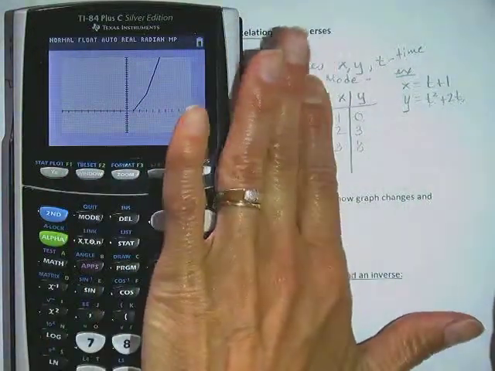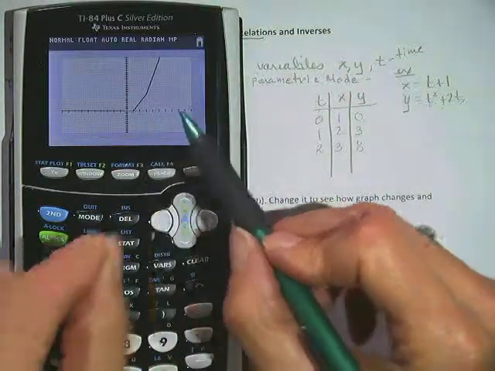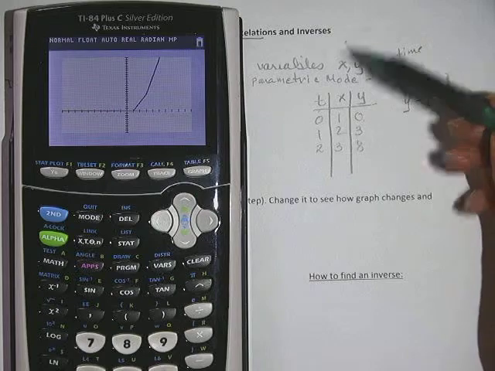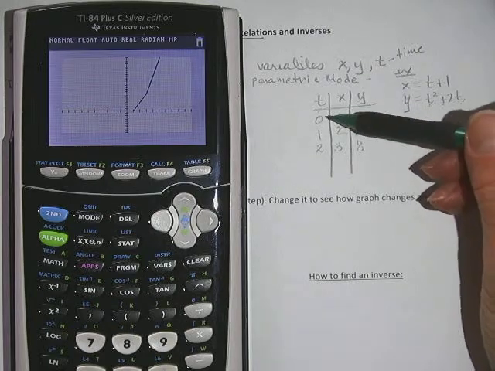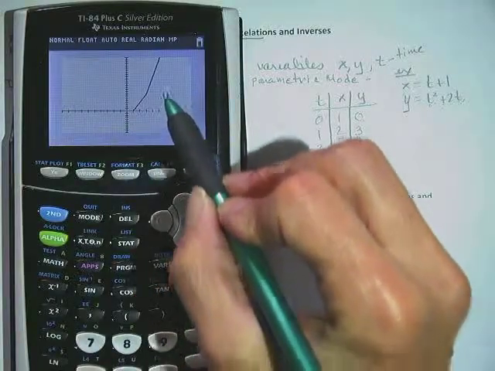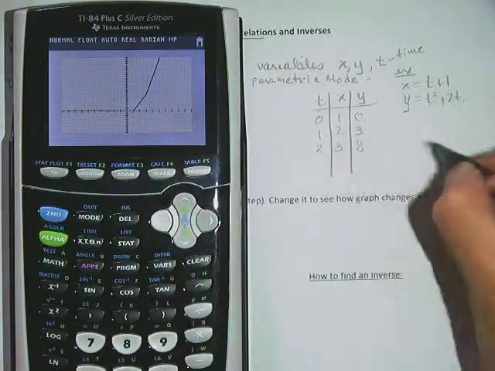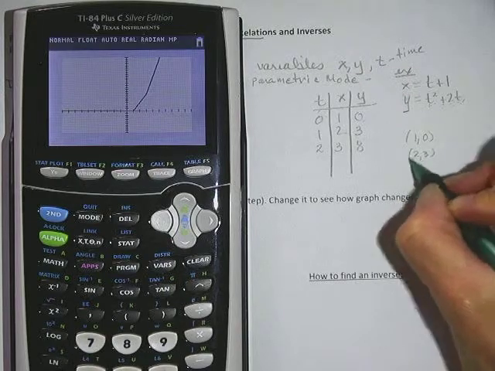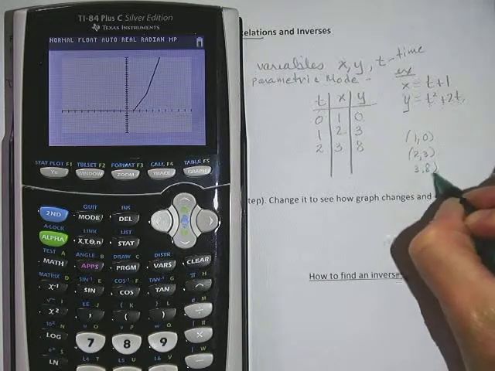Now, these are the coordinate points on my graph right here. How do you graph a coordinate point like 3, 8? You don't, the T just tells you how often you're going to plot a point. That's the thing with parametric equations.